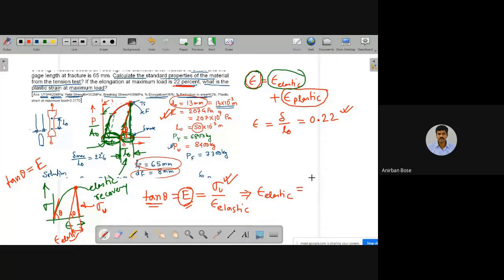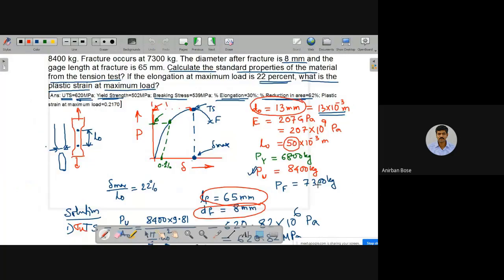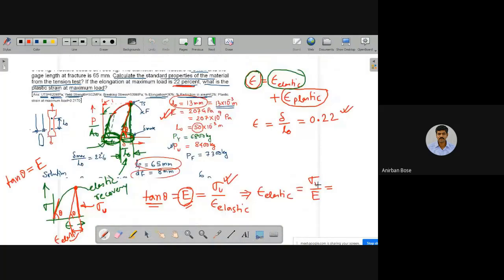So that will be the value of sigma U divided by modulus of elasticity. Okay, just do this calculation. Sigma U was around 620 megapascal. You put the actual value, not required more than 3 or 4 significant digits.